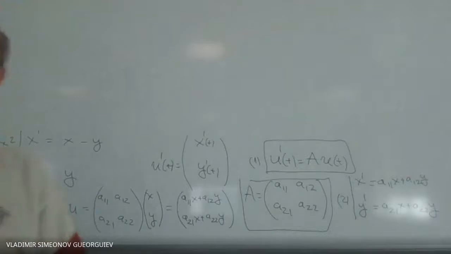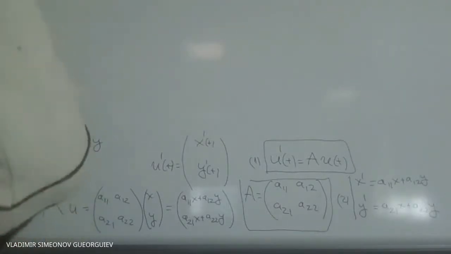We compute the matrix applied to u and u prime. Then we write a system by putting x prime and y prime, which is u prime, equal to A applied to u.